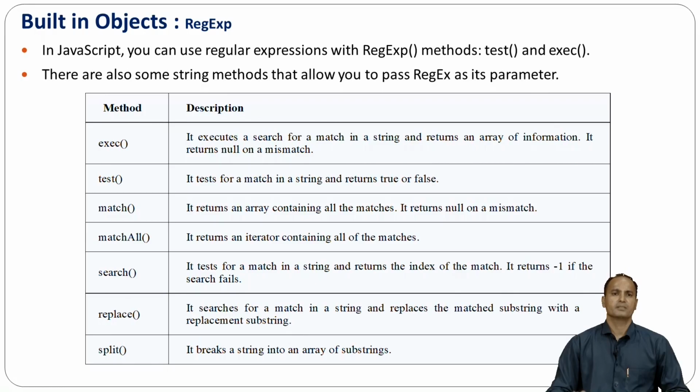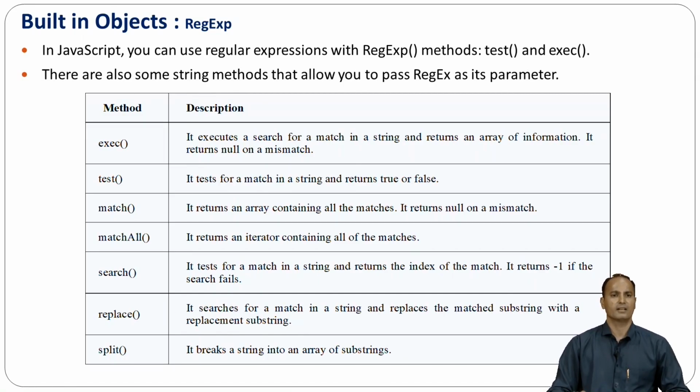In JavaScript, you can use regular expressions with RegExp methods like test and exec. These are two methods that are widely used to match or test the patterns that we have provided. There are also some string methods that allow you to pass a regular expression as a parameter.